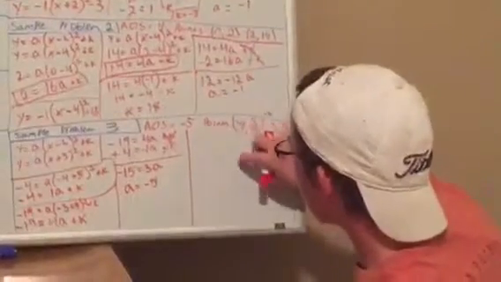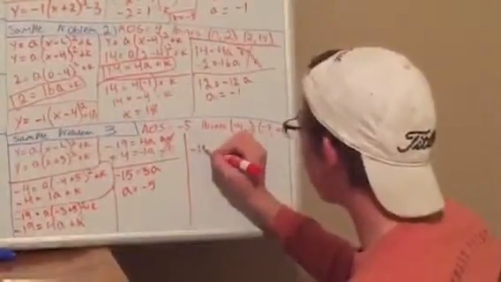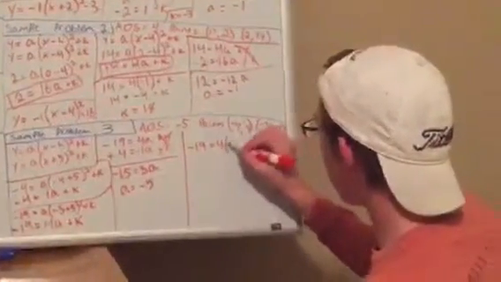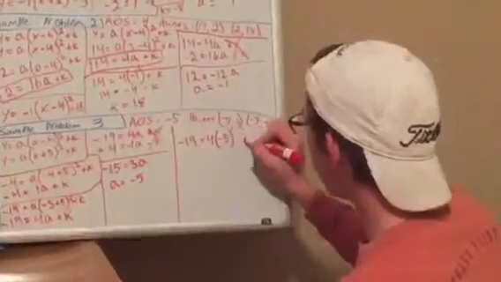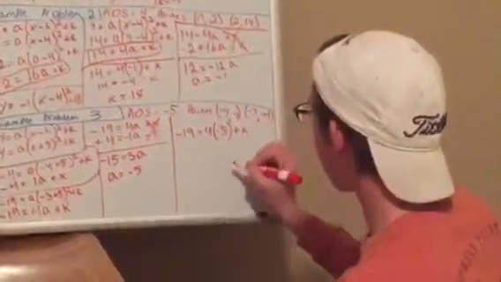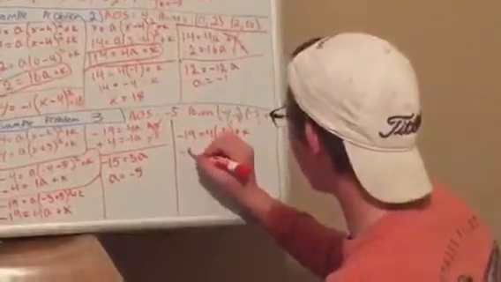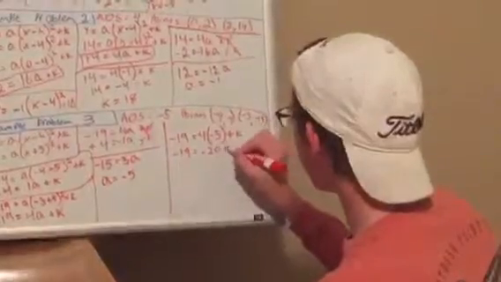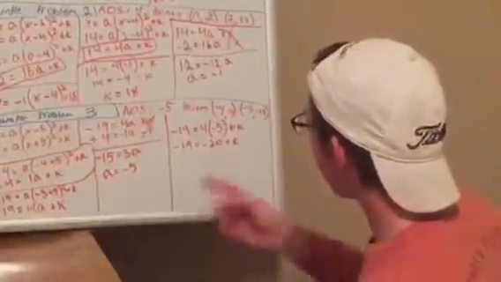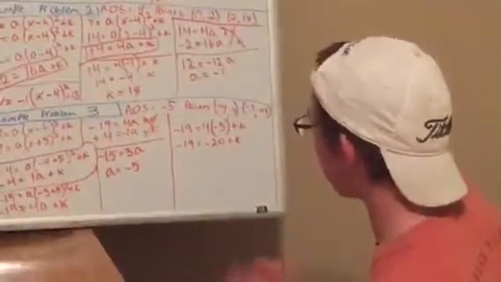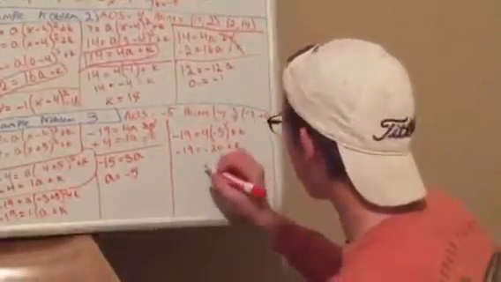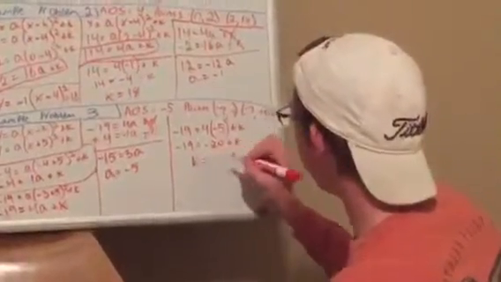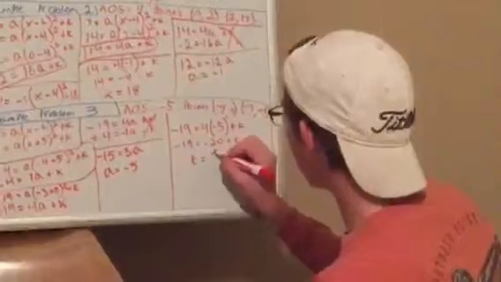Alright, so let's do negative 19 is equal to 4 times negative 5, because that's your a, and then plus k. So negative 19 is equal to negative 20 plus k. Then you have to think, negative 20, what am I going to add to that to give me negative 19? That's going to be 1, because that brings it up 1, so negative 19. So k is equal to 1.